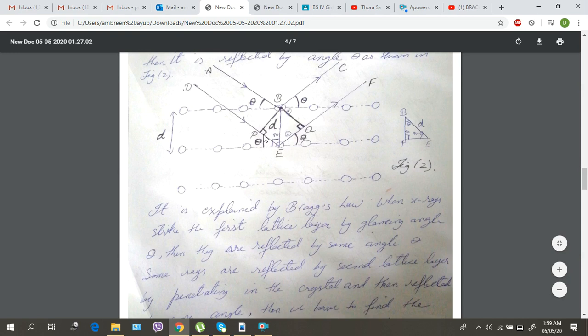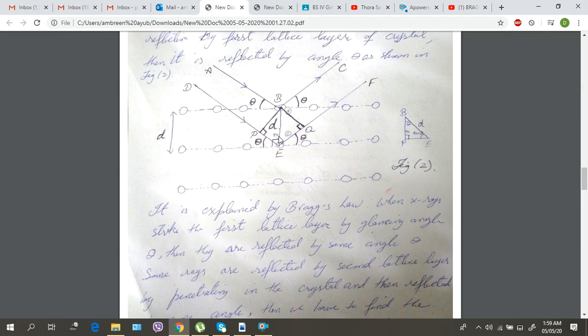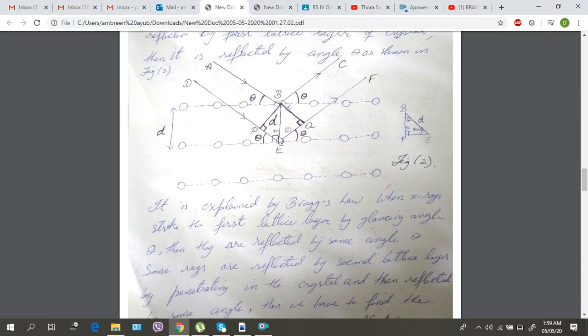Now, these two incident rays are parallel and these two reflected rays are parallel. So basically we have to find out this path difference between the two reflected rays or between the two incident rays.